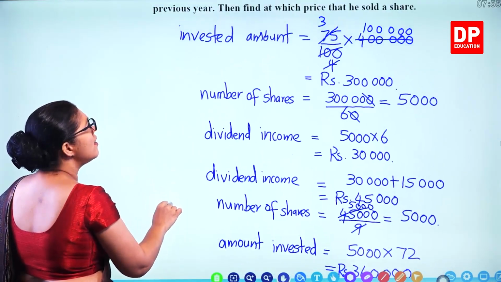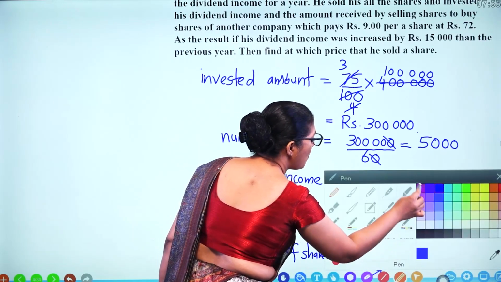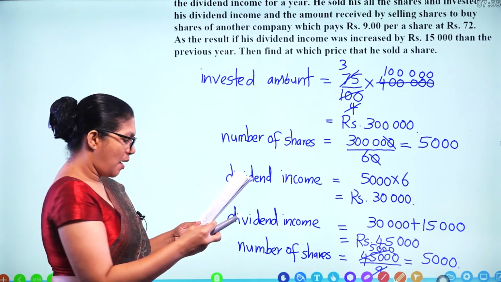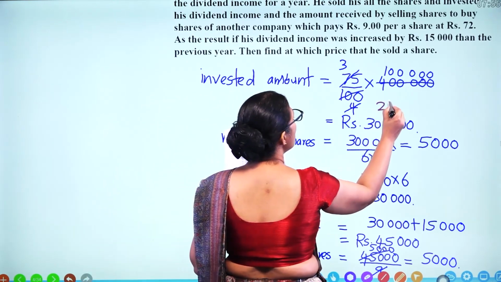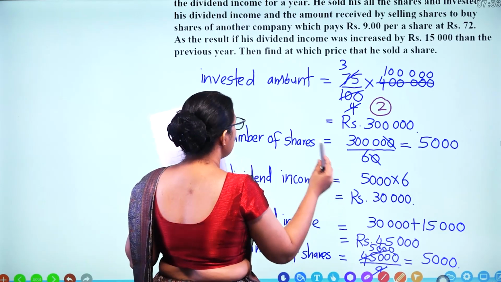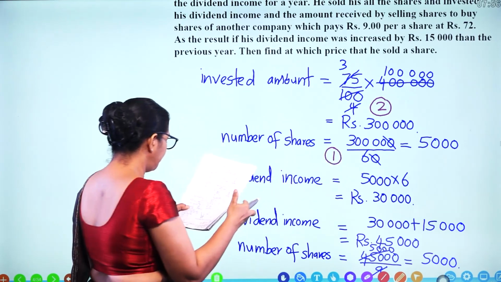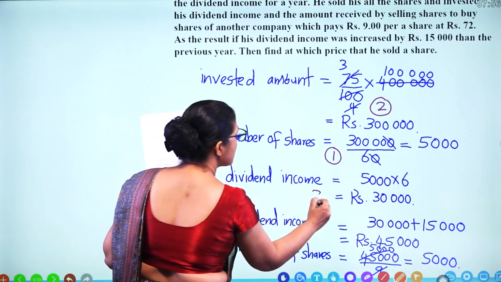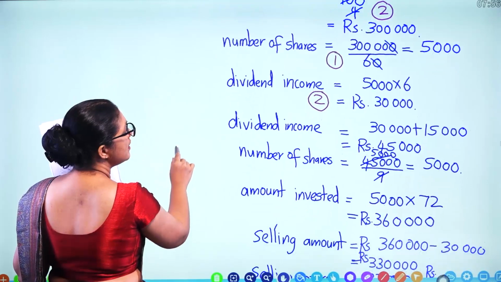So remember, normally you get marks for the same steps. How many marks are there? 10 marks, and you get marks for each step. You get 2 marks for the invested amount, and finding the number of shares we can give 1 mark, and dividend income 2 marks, 5 altogether.